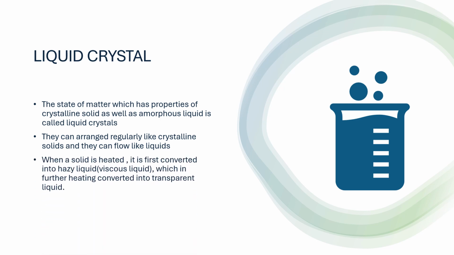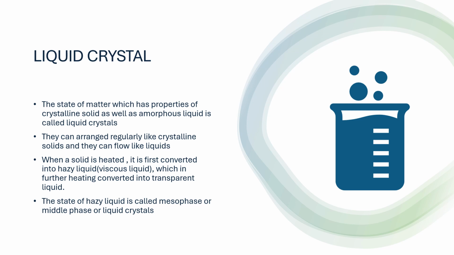When a solid is heated, it is first converted into a hazy, viscous liquid, which on further heating is converted into a transparent liquid. The state of hazy liquid is called mesophase or middle phase.